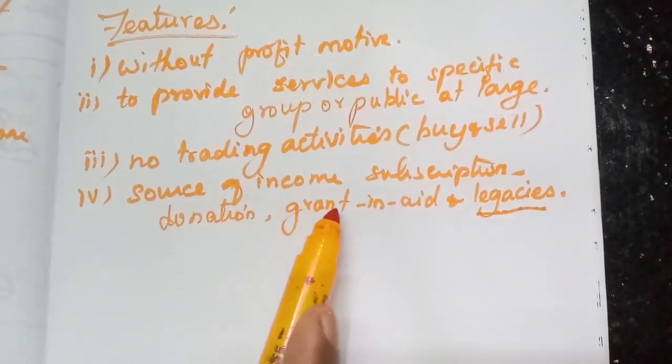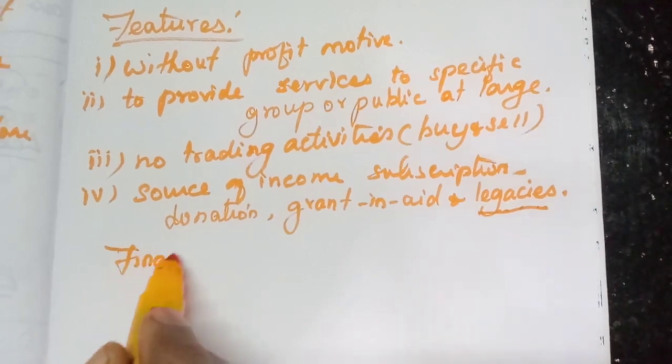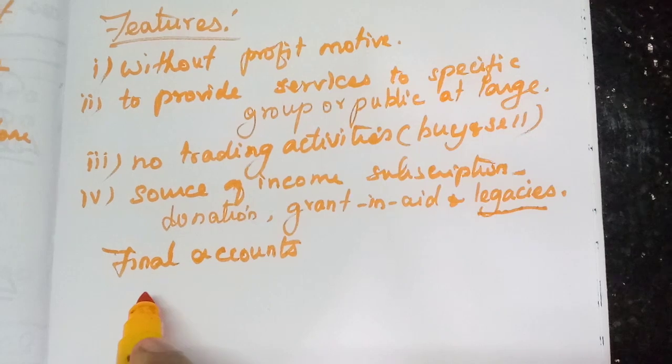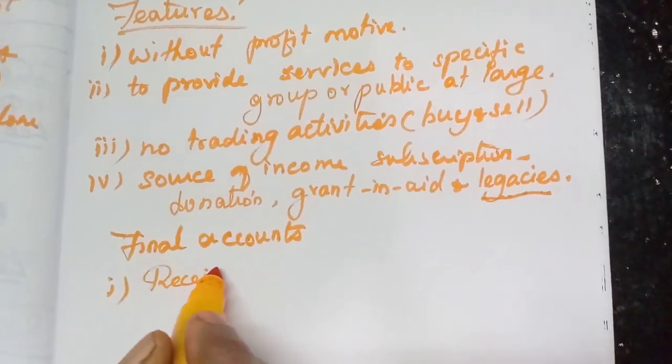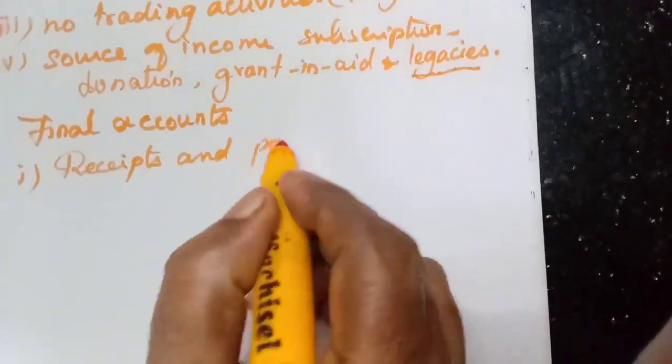Because they collect this income, they have to prepare the final accounts. Now we will see what are the names of the final accounts. First, they have to prepare the receipts and payments account.